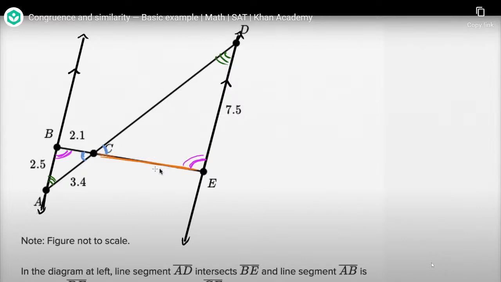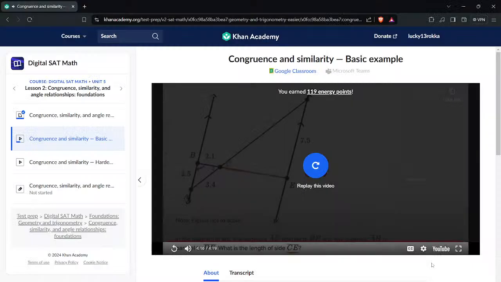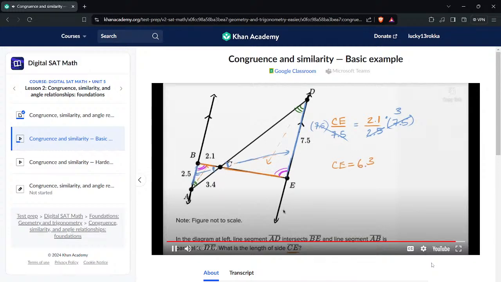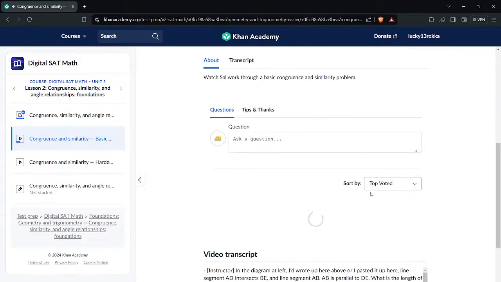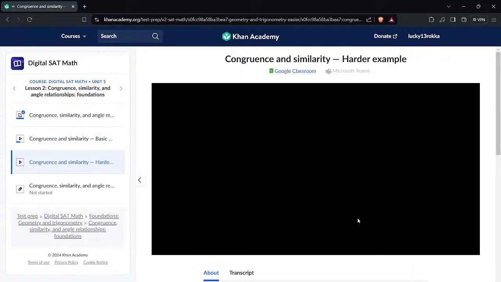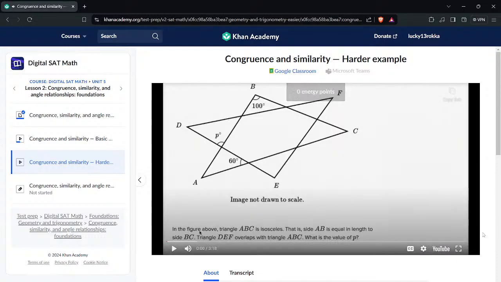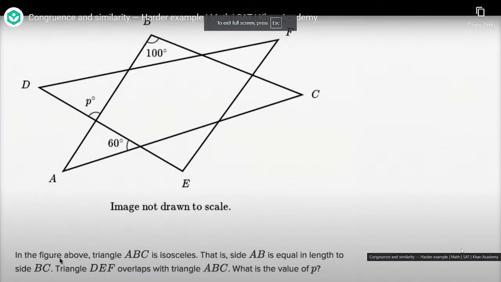So CE is DE by BA, which is 7.3 by BA times BC. 6.3, right? So this is going to be 6.3. And if we look down here, okay, no, I didn't do it wrong. Yeah, I did it wrong for the question. I should be able to do this. Yeah, I understand.